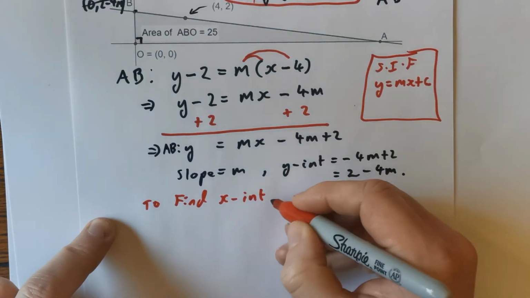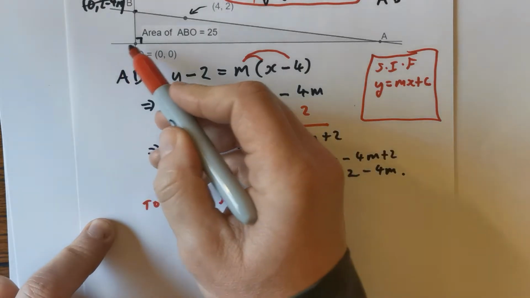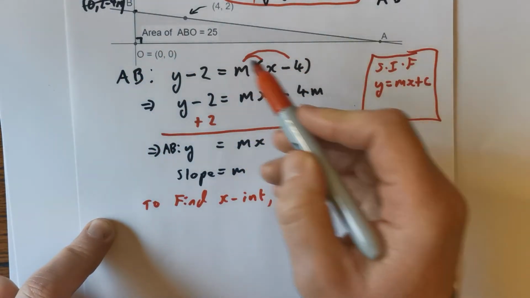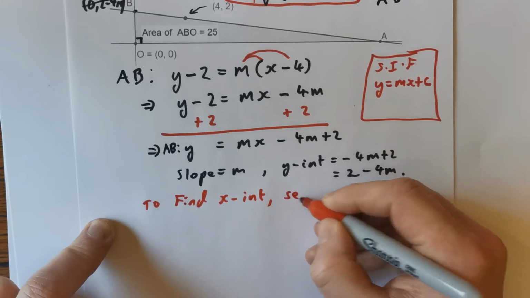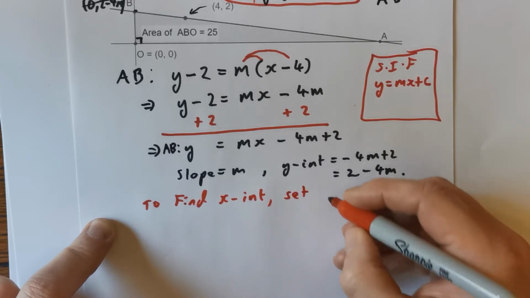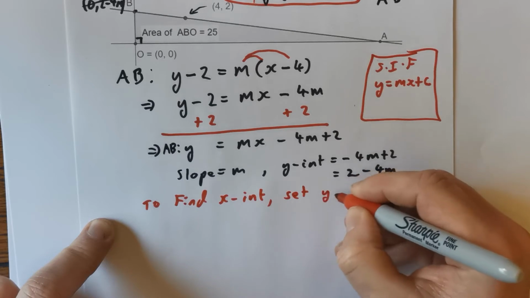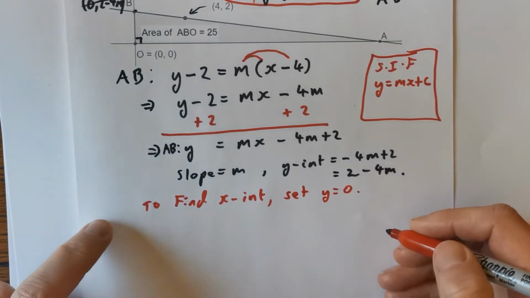The next thing is to find the x-intercept. Every point on the x-axis, no matter where it is, has a y-coordinate of 0. So to find the x-intercept of any function, we just set the y-coordinate equal to 0. That's all we do all the time.